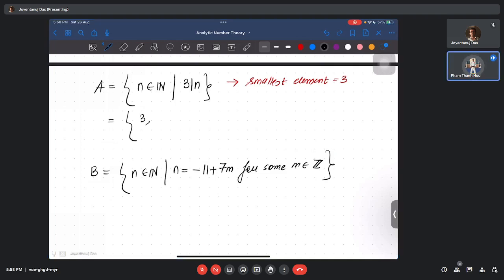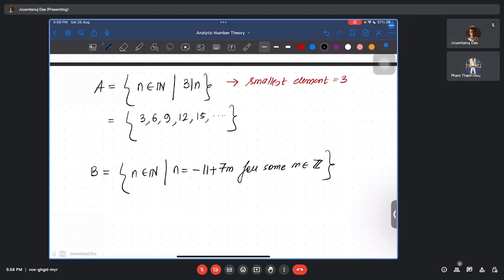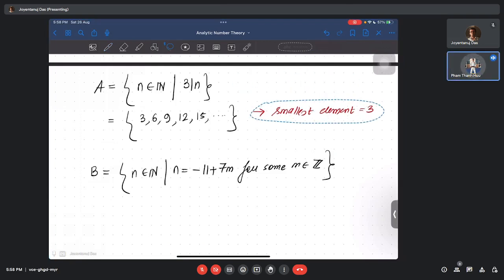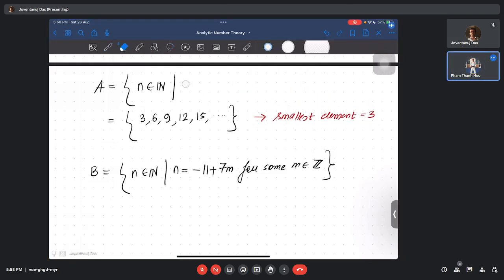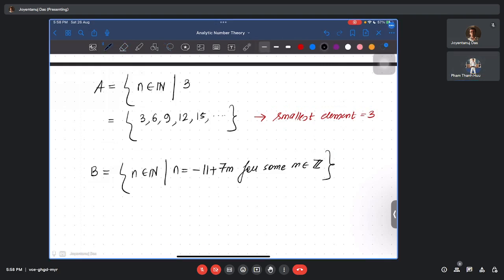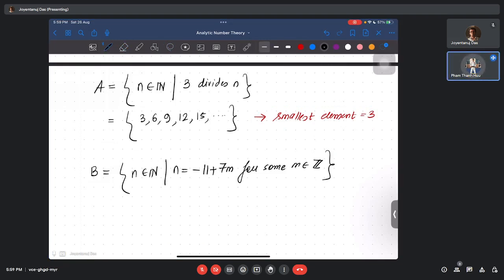Let me write it down in English. 3 divides n means n modulo 3 is equal to zero.